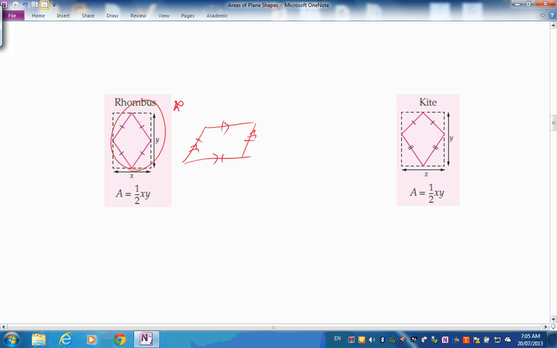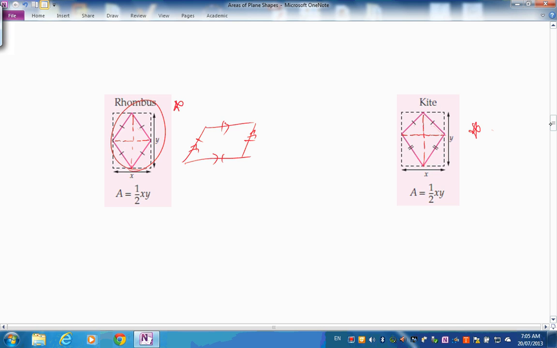You can see here x is the distance that way and y is the distance that way. And similarly with the kite, you take its overall dimensions and it's a half the product of the two. You have to do a bit of work to prove those. You might have a look at those a bit later on.